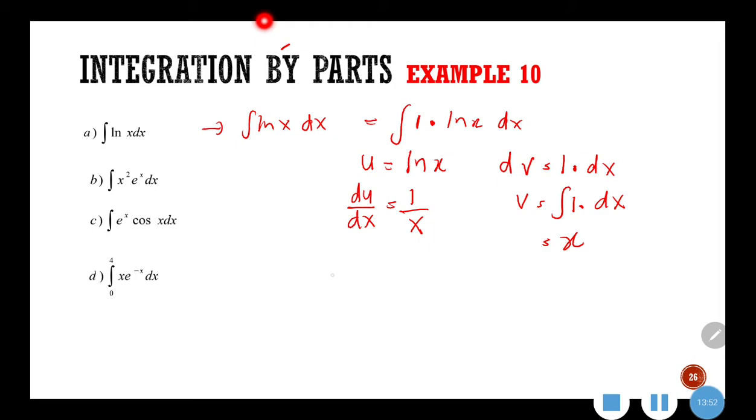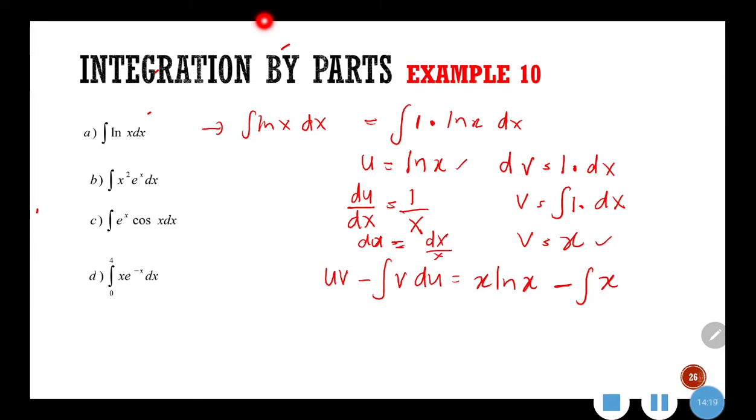Then use the formula uv minus the integration of v du. We have uv, this is our v, so u and v gives x ln x minus the integration of v, which is x, and then our du. For this case our du is equal to dx over x, right?